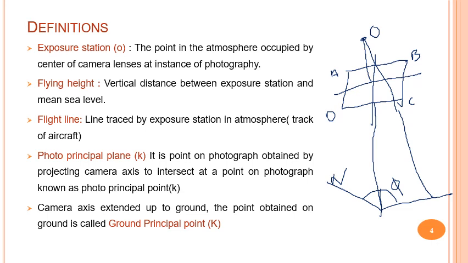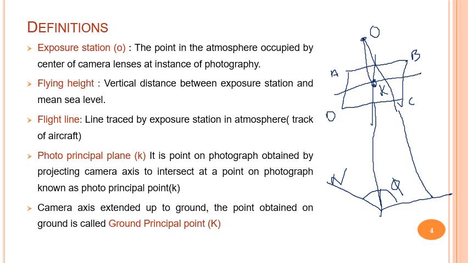Then photo principal point K: it is the point on the photograph obtained by projecting the camera axis to intersect the photograph, known as the photo principal point. This point is called the photo principal point K. Camera axis extended up to the ground: the point obtained on the ground is called the ground principal point.